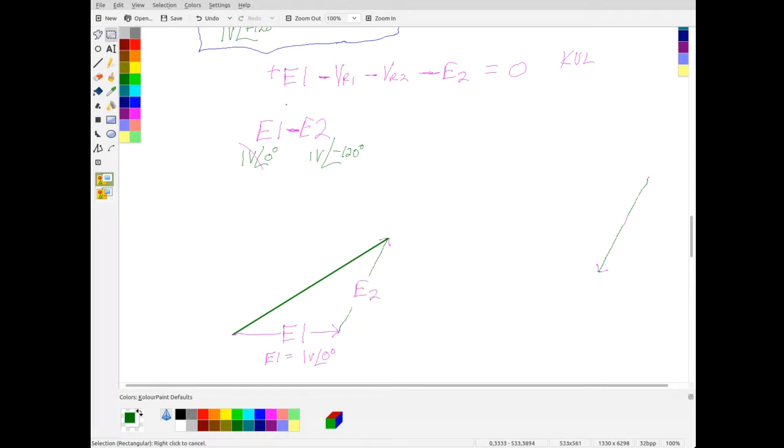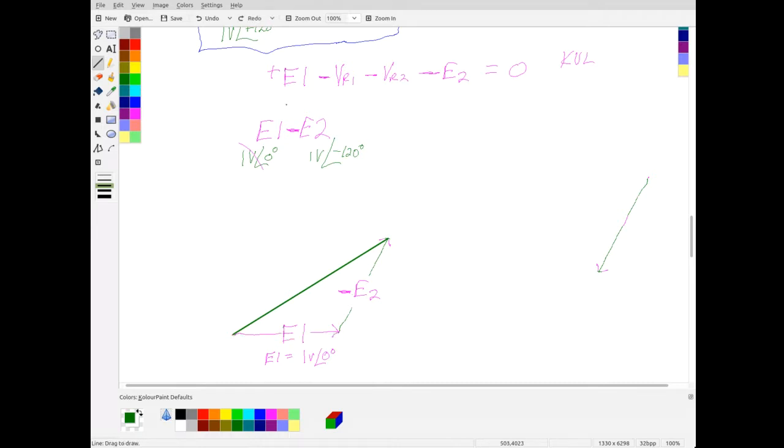It's actually not E2, it's actually minus E2. Okay. So this is minus E2. So E1 minus E2 is equal to this value right here. Now, remember that the length right here is a length of 1. Okay? So this is a length of 1.